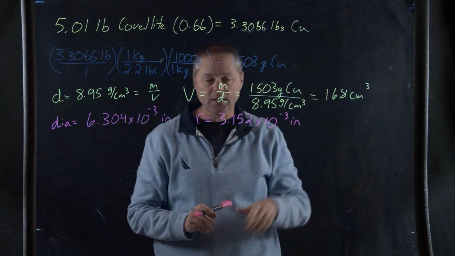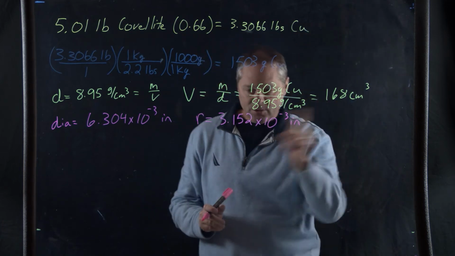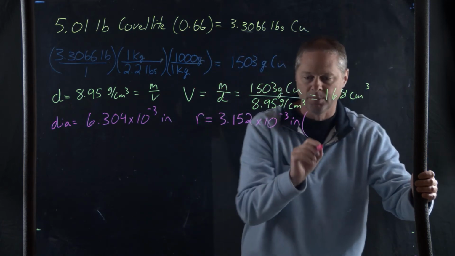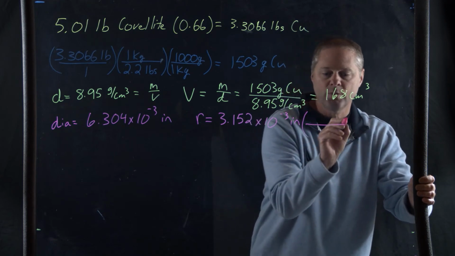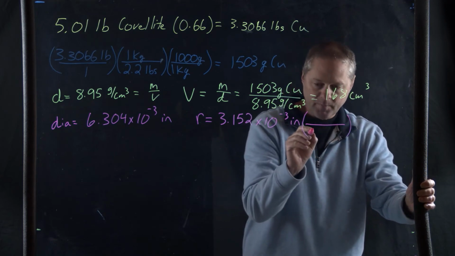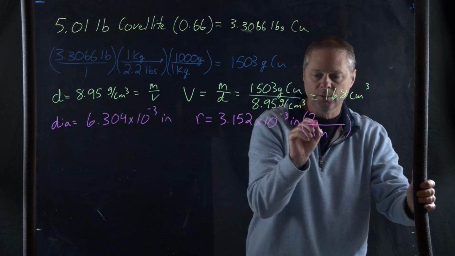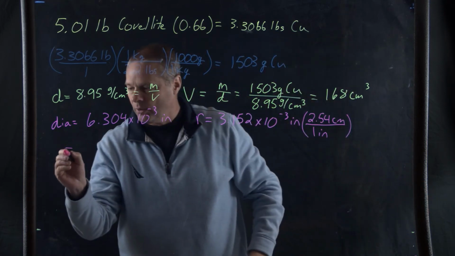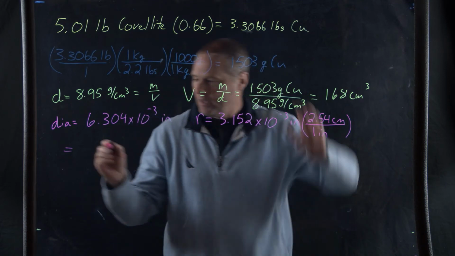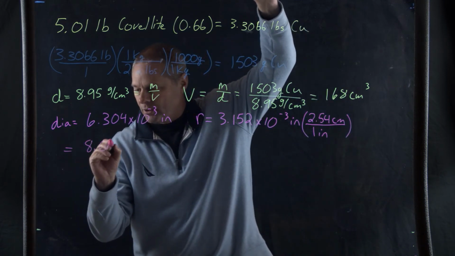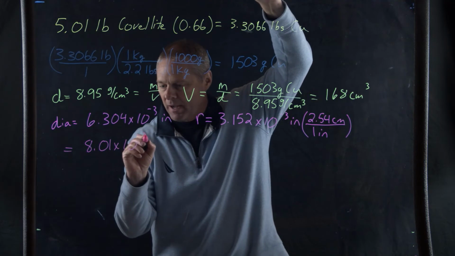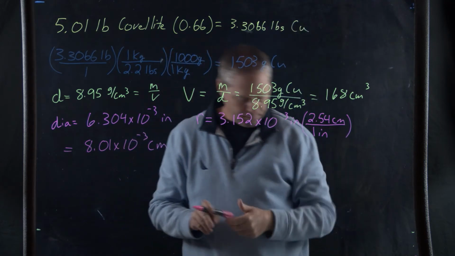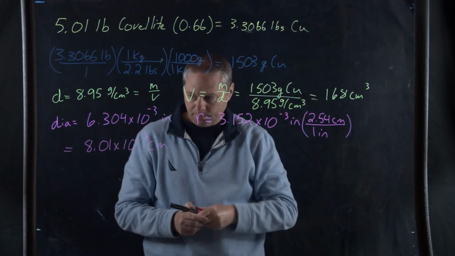That's going to be our radius. Now we can convert this into the metric system very simply by remembering that for every 1 inch, it's equal to 2.54 centimeters, which is going to be equal to 8.01 times 10 to the minus 3 of a centimeter. All right, we're almost there.